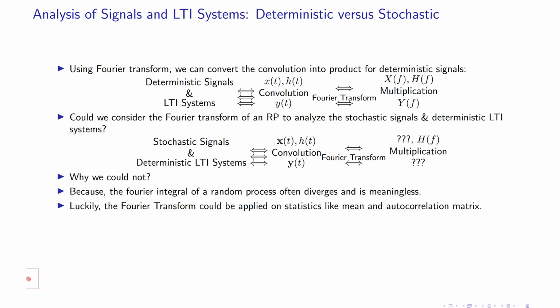And we are lucky that Fourier transform could be applied on statistics of these functions. For instance, if you take mean of x of t, then we may apply Fourier transform on that. Or if you take r x of t1 and t2, under certain circumstances, Fourier transform of these could be used. And then we have to establish relationships about that.